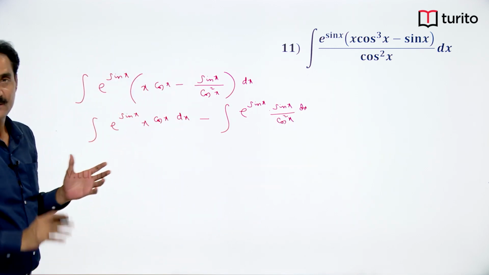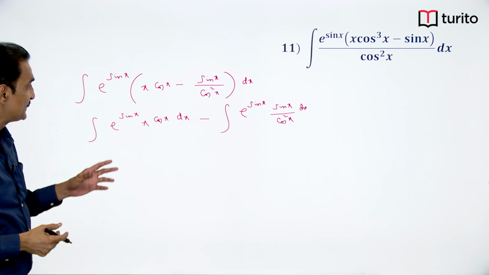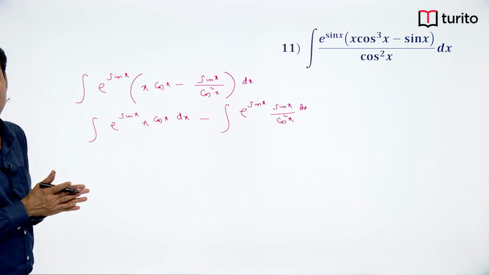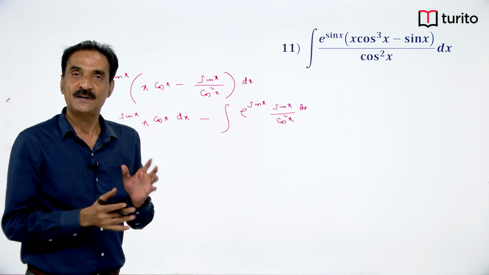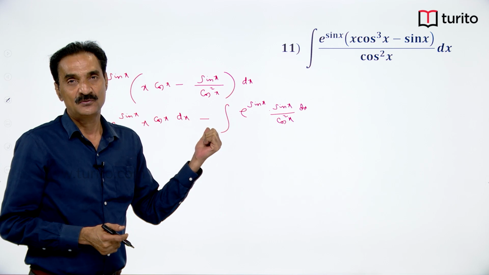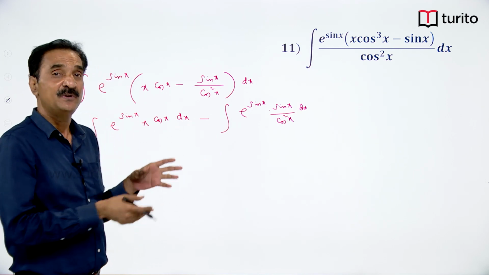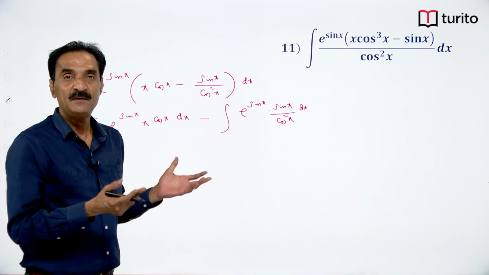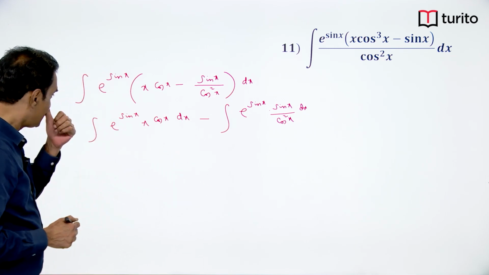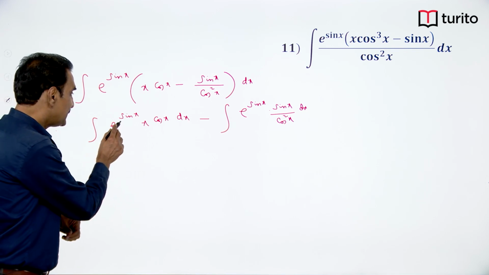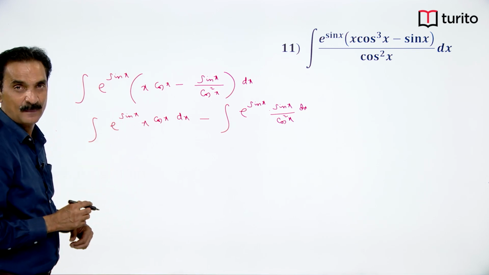Now, as I told you in the earlier questions, when there are two terms in integration by parts, we do not calculate both, we calculate only one of them, automatically the other will cancel out. But sometimes we need to calculate both and finally we arrive at the answer. Here, derivative of sin x is cos x.